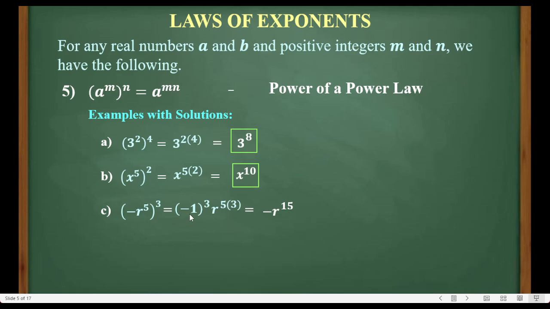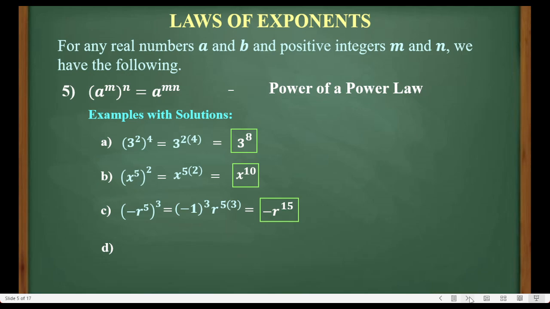Now, negative 1 cubed, since everything is being raised to the 3rd power, and 3, as we all know, is an odd number, therefore the result is still negative, because that is negative 1 times negative 1 times negative 1, and the product is still negative 1. Then negative 1 times r to the 15 is negative r to the 15. And this is your answer.